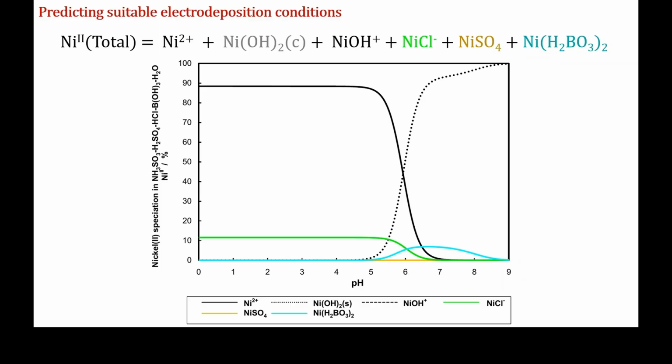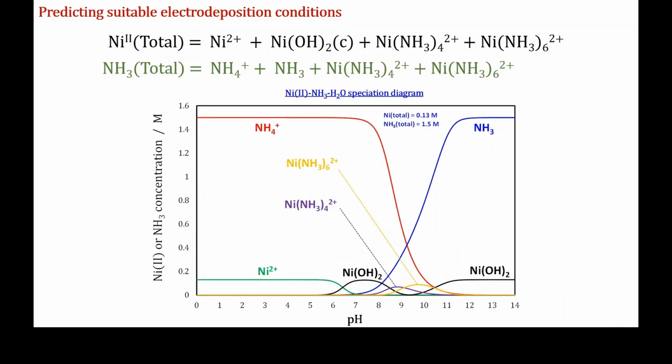So from this particular diagram, we can see that out of all of these complexes, nickel chloride actually is the one that isn't almost zero, right? Because it does in fact reduce the activity of nickel 2 plus in the acidic region by 10%. But the other stuff like nickel sulfate and the nickel boric complexes, they don't do very much. Okay, so it still tells us what we want to know.